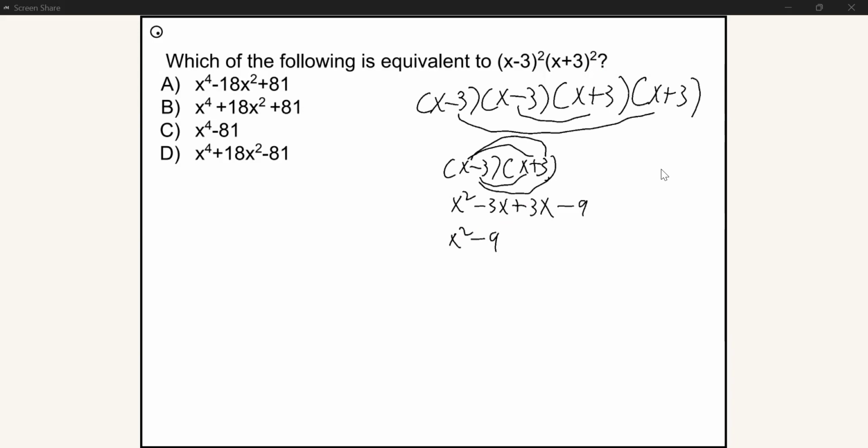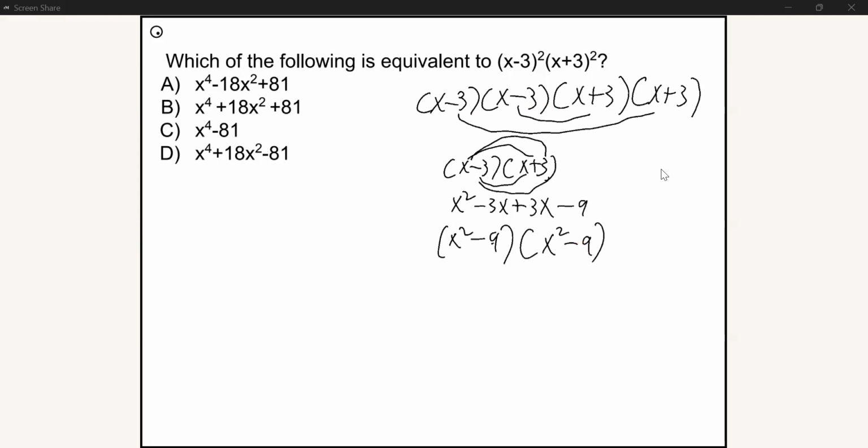So that's difference of squares, right? You get 2 perfect squares, and there's a difference there. One's positive, one's negative. And now we know the other one's identical. So we did this one, and now we'll do these two, which are the same. So that'll also get us x squared minus 9. And then when you do that, you do negative 9 times negative 9, and that gives you positive 81.